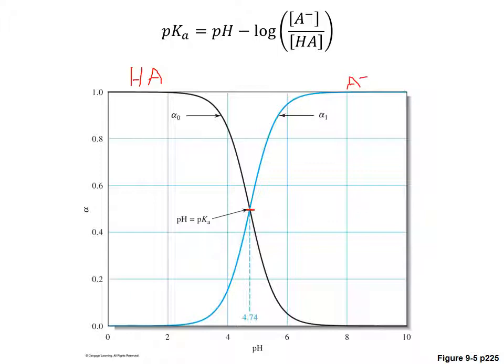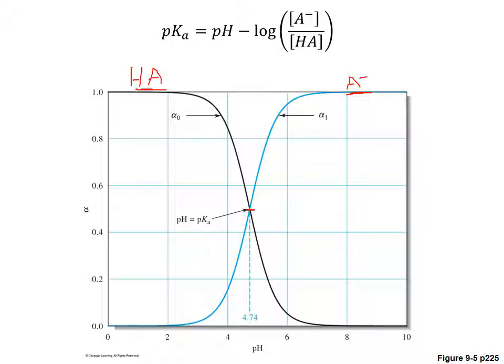Notice that the concentration of HA starts to fall as our pH rises above the pKa, and we're going to see the concentration of A- increase. Vice versa is also true. When we have the pH fall, we're going to see more HA and less A-. So this can be really helpful for defining what's actually present in solution as well.